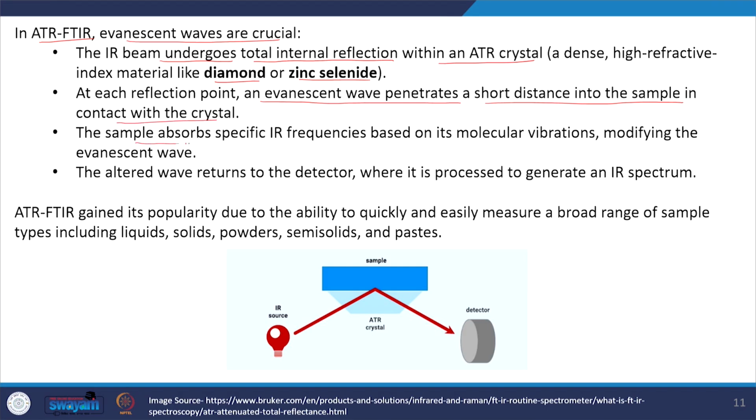The sample absorbs specific IR frequencies based on its molecular vibration, modifying the evanescent wave. The altered wave returns to the detector, where it is processed to generate the IR spectrum. ATR-FTIR gained its popularity due to its ability to quickly and easily measure a broad range of samples, including liquids, solids, powders, semi-solids and paste.